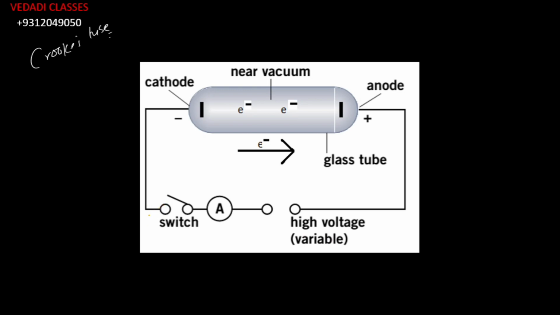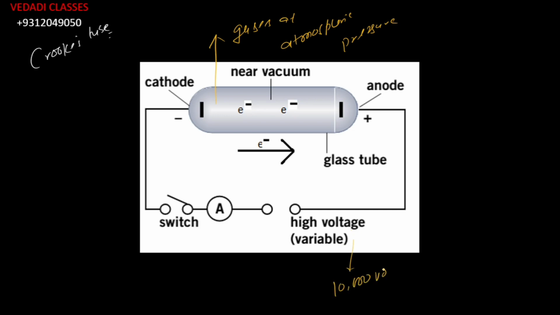So what happens when some gases are here? There is nothing happens. We put gases at atmospheric pressure. And the voltage is very high. That's 10,000 volt.